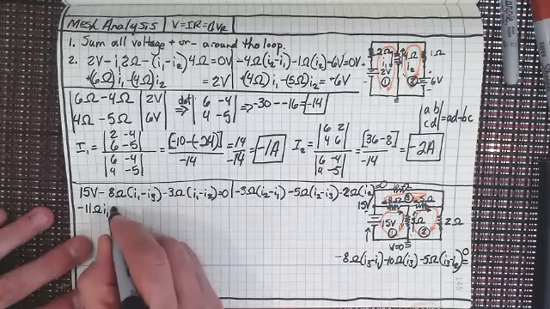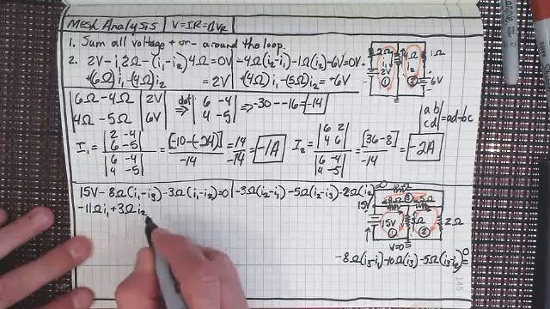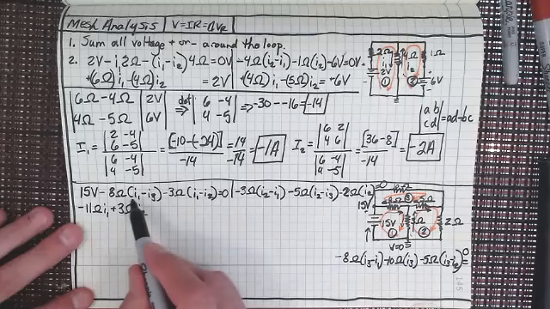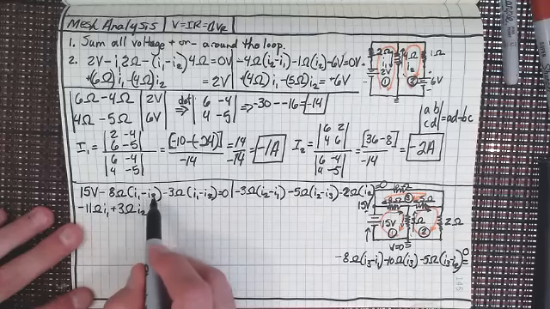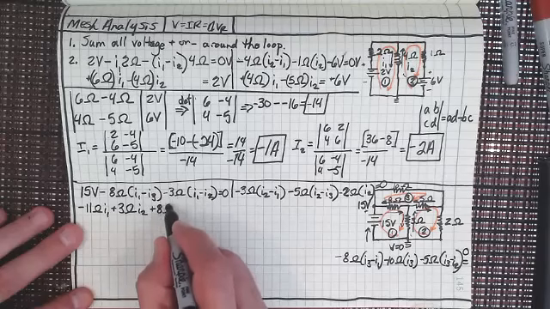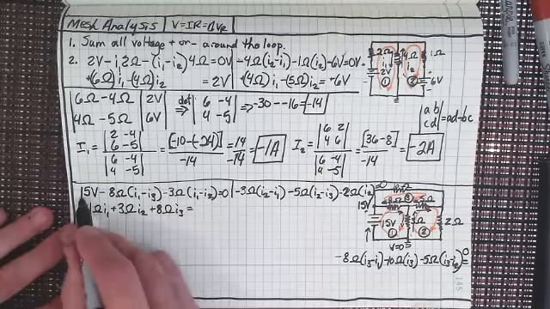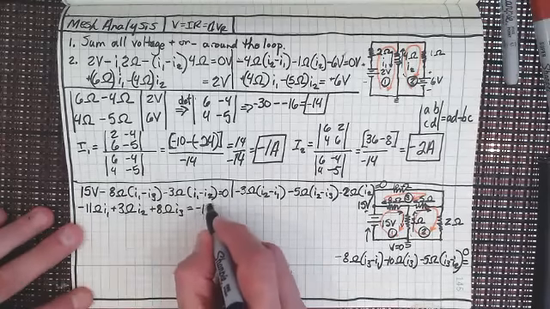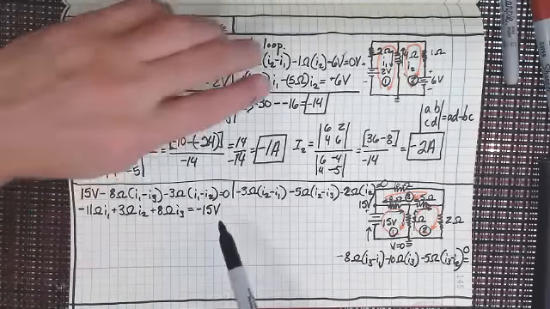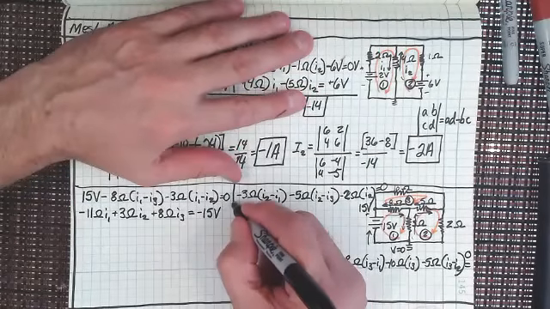So that would be plus 3 ohms times I2, right? How about I3? Well, I have minus 8 ohms times minus I3. So that gives me plus 8 ohms I3. And what does that equal? That equals, well, this is 15 volts, so it's going to be minus 15 volts because I've kept all those on the left-hand side, and I brought the 15 over to the right-hand side, so it becomes a negative, right?